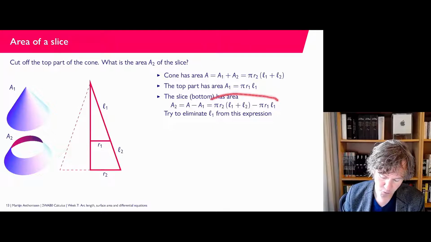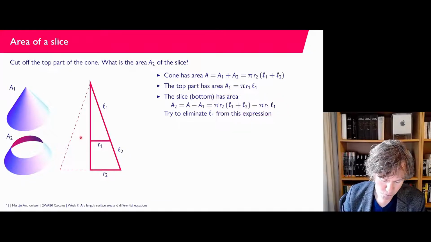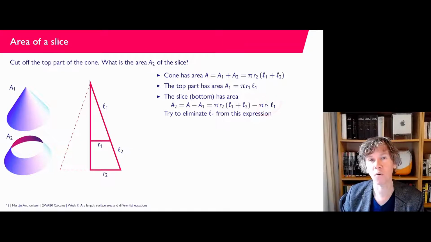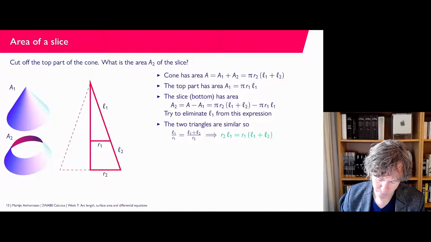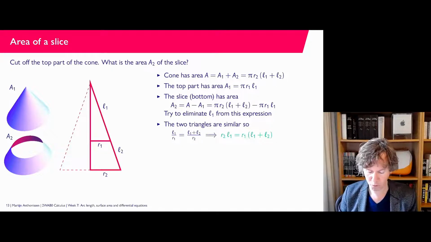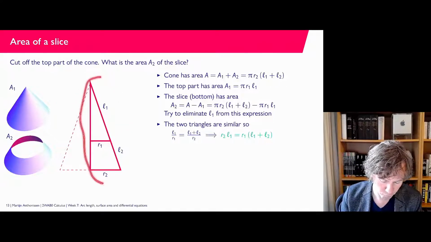And then I find this formula, but I'm not completely happy with it yet. The reason being that if I specify the bottom bit here with these three numbers, R1, L2 and R2, I don't want a formula that involves L1. I don't like that. So here you need a little bit of trigonometry. You have to look at these two triangles: the top bit here, and then the full triangle.